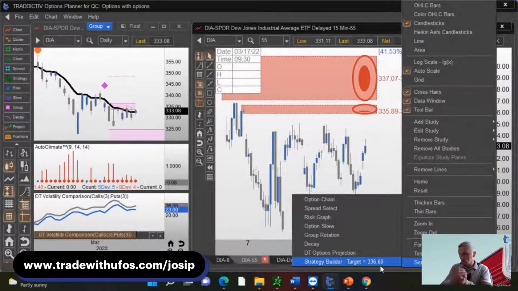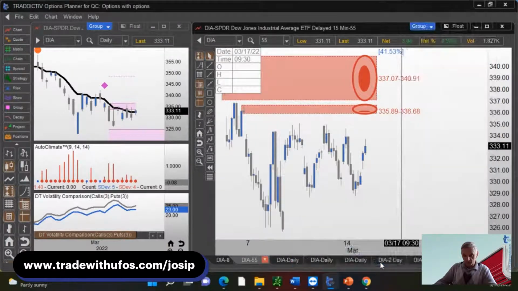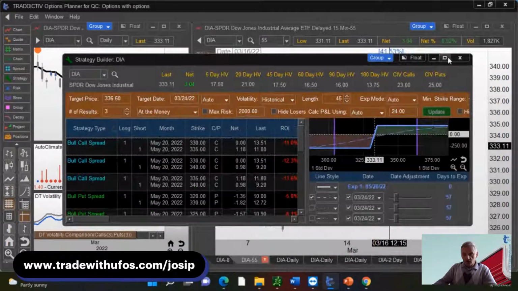The reason is very simple: there are way too many option chains and option cycles for me to select. So rather than selecting myself, I have a technology here called Tradactive, and this option planner is going to spit out the most important step for me, which is the cycle. I will work on the strike prices already; that's not an issue. I will probably pick a target of 37 or something like that, but I need to know where to start. So I'm clicking here on 3660 strategy builder.